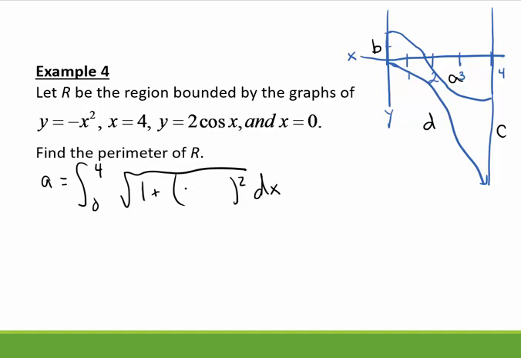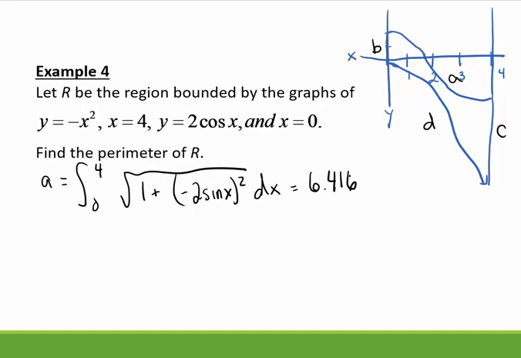The derivative of that function is negative 2 sine x. And when I get that value, I get 6.416.